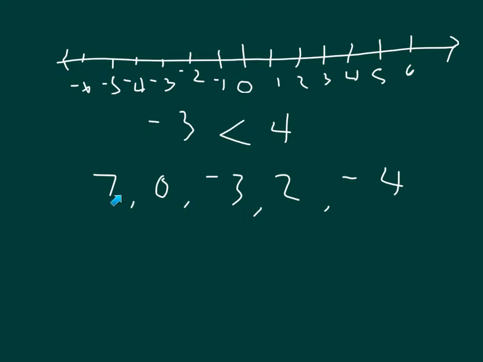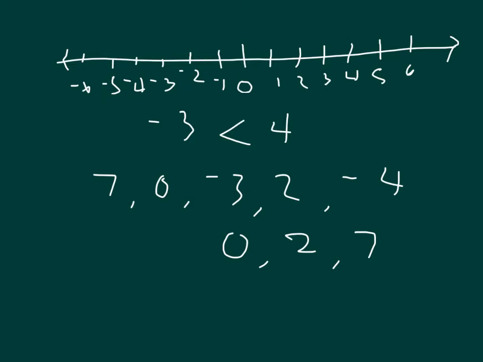In this case 7 would be over here by 6. Sorry, it's not on the list, but we can imagine where it's at. 0 is a great reference point here, by the way, because everything that's positive, like 7 and 2, will come to the right of 0. So we can just start by listing 0. And we know 2 is less than 7. We're going from least to greatest here, by the way.